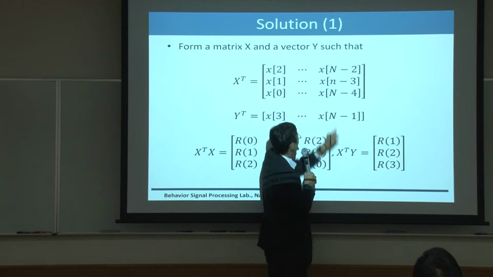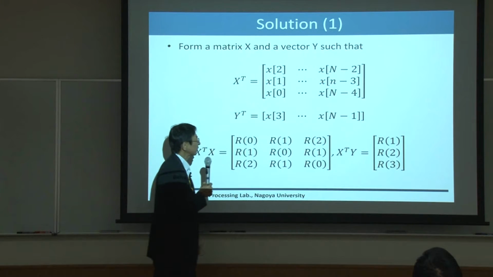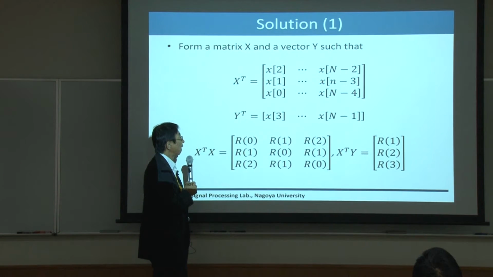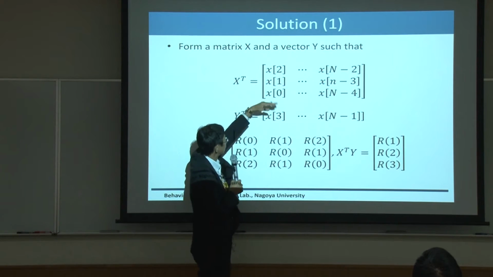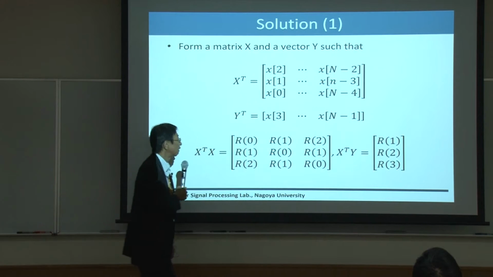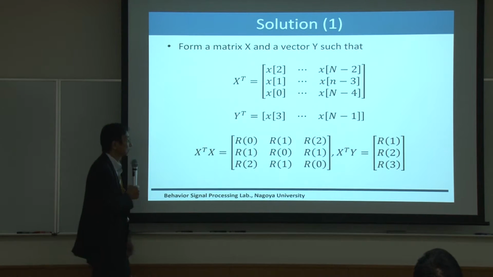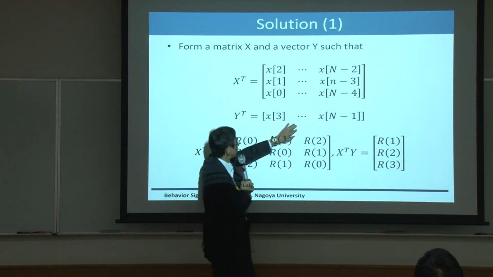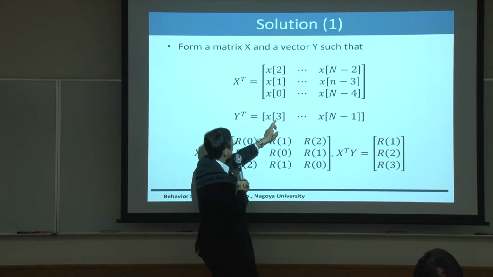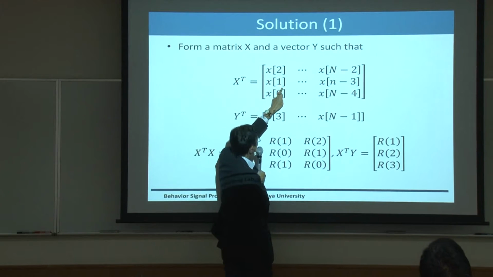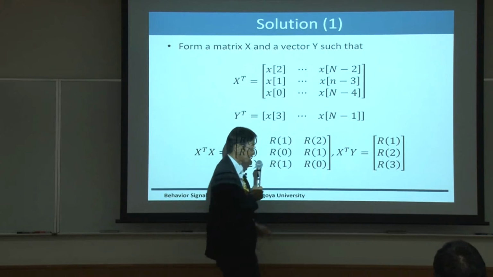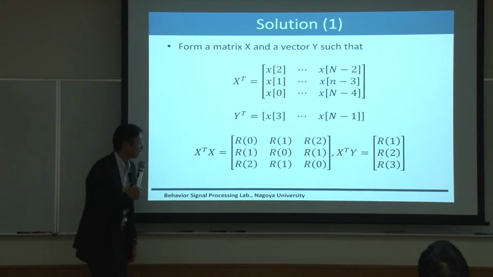These are all signals of the same length, stacked in matrix form, and also the original data, which is xn. Here, xn, xn minus 1, xn minus 2, and xn minus 3. These are actually what you see now.